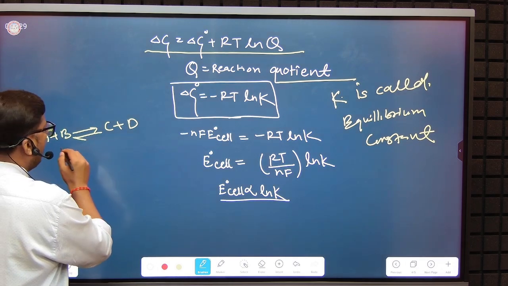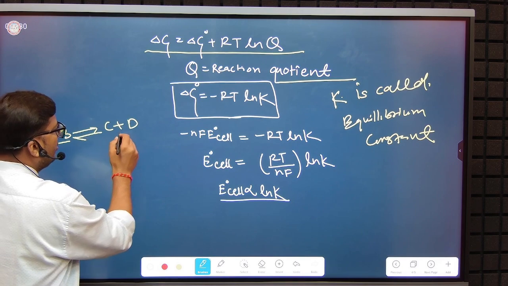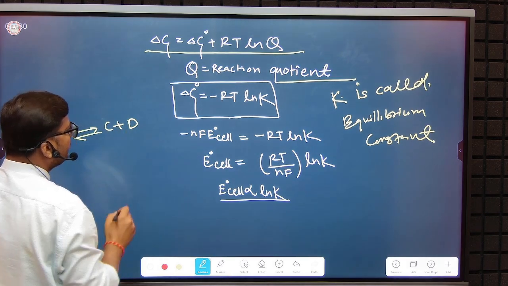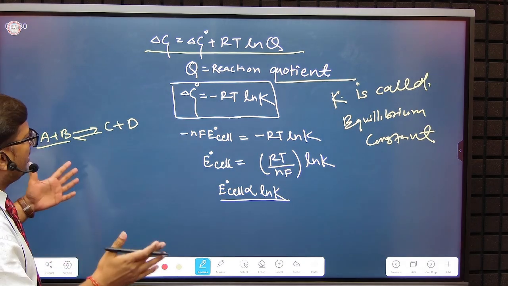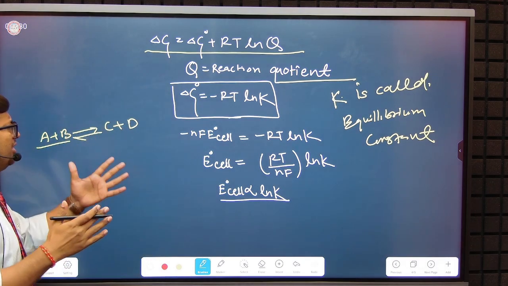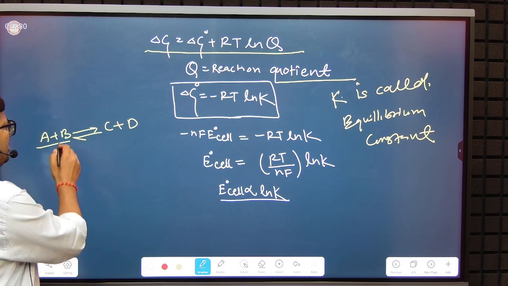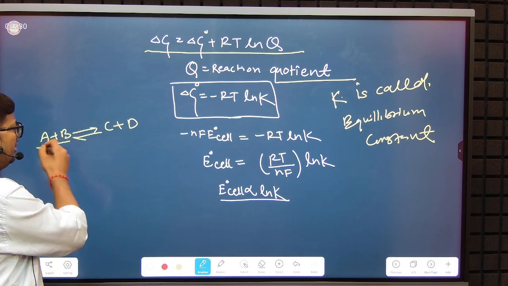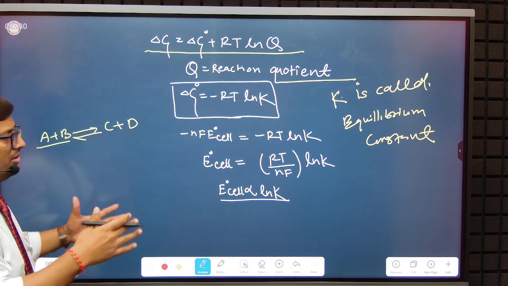After passage of time all the reactants are converted into the products C plus D, but if C plus D further decompose to form the reactants, then the reaction is reversible.